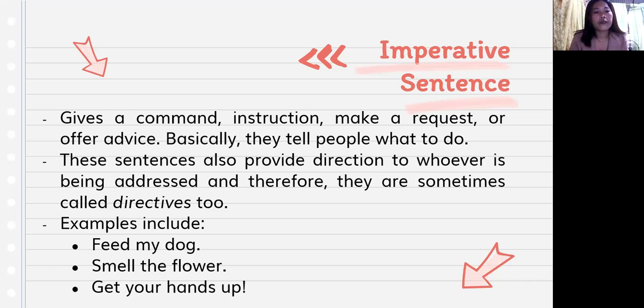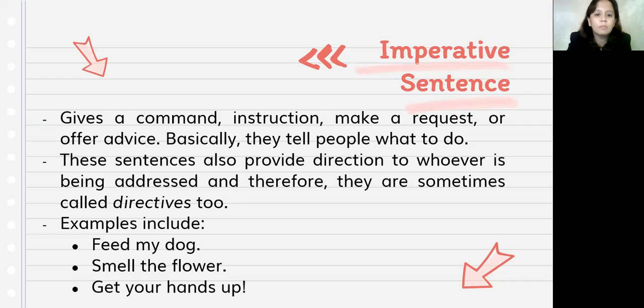So imperative sentence gives a command, instruction, makes a request, or offers advice. Examples are feed my dog, smell the flower, and get your hands up. As you can see on the screen, it is a sentence that gives a command or instruction, or makes a request.